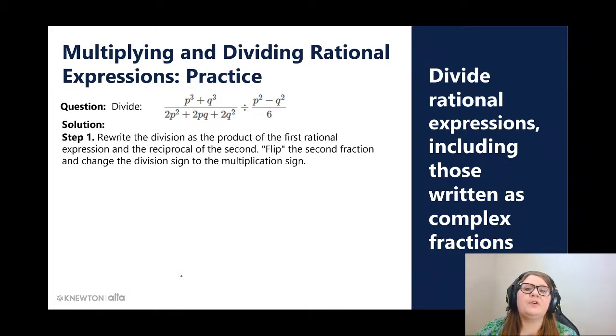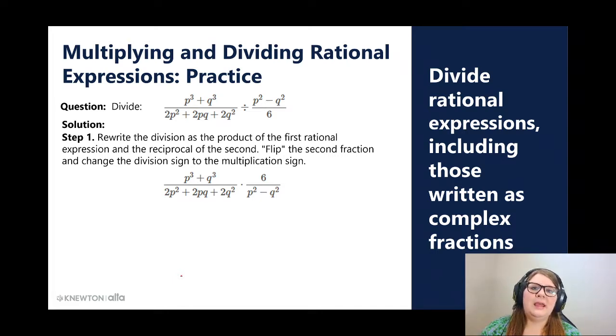Some people may have heard this as keep, change, flip. You keep the first fraction, change to multiplication, and flip the second fraction. Again, that's the same thing as saying dividing by a fraction is the same as multiplying by its reciprocal. So in this case, we're flipping p squared minus q squared over 6 when we change it to multiplication.